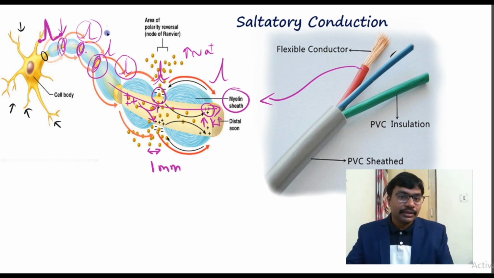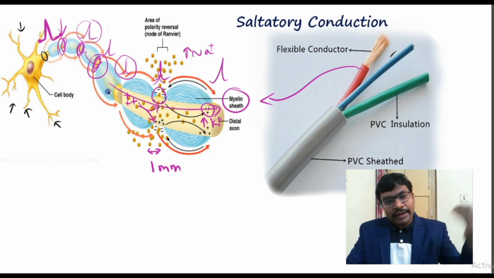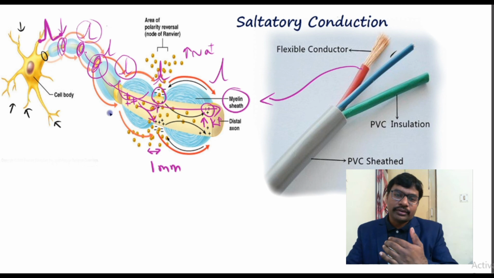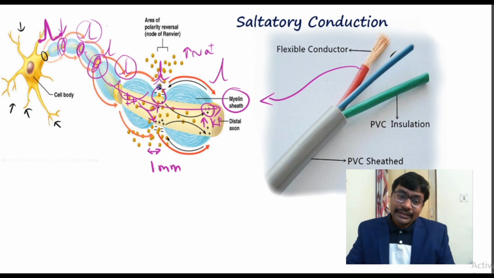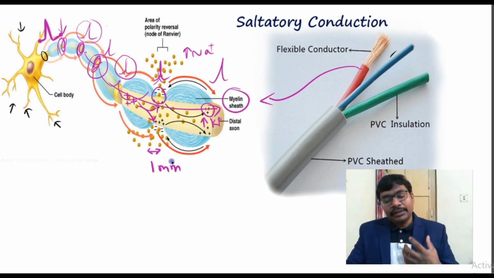The action potential can be generated, and then it can activate the next node, and eventually propagate from node to node to node, going on. In this way, electrical impulses propagate in the neurons, peripheral or central, with the help of nodes of Ranvier.